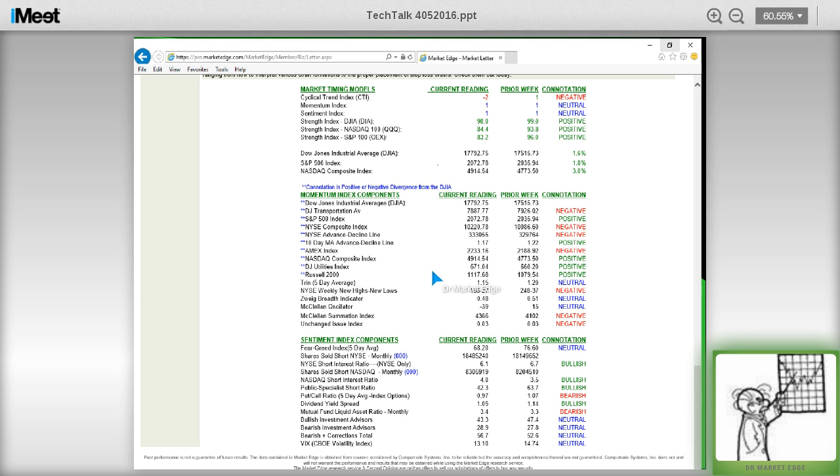Okay, if the other indexes are outperforming that Dow Jones on the way up, the momentum index could go to 4, 5, 6, or 7, even 10. If on the way down, like what we're looking at right now, the other indexes like the Russell and the Dow Jones transports and stuff go down quicker or more percentage-wise than the Dow Jones, then you're going to see the momentum index go to a -3, -4.